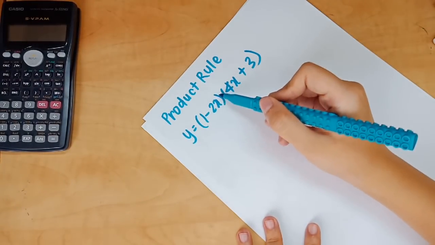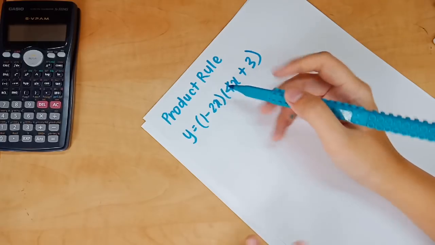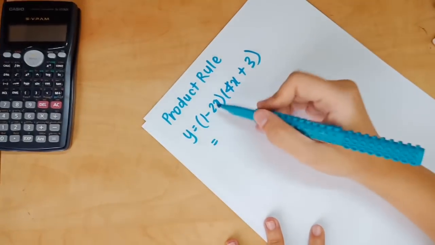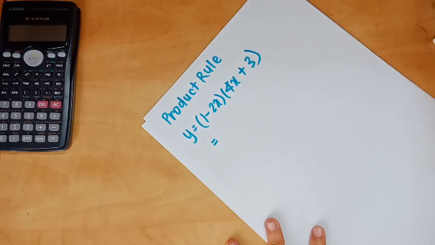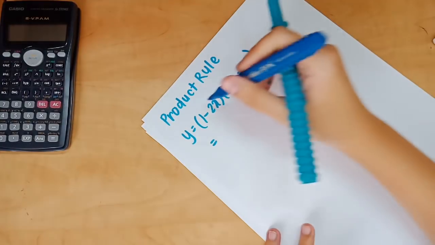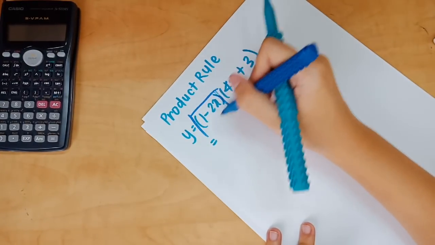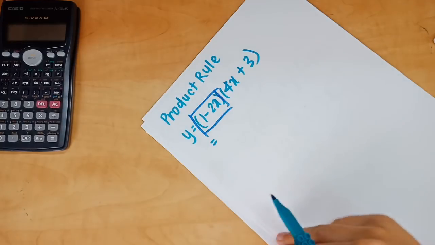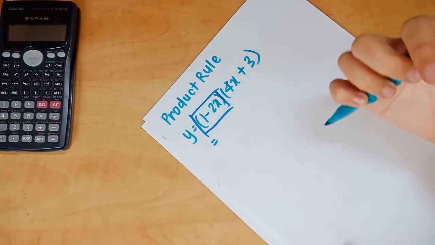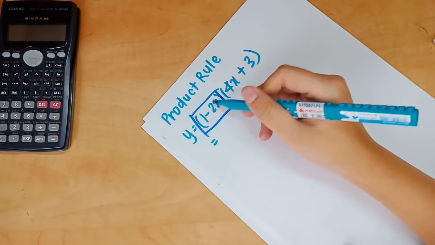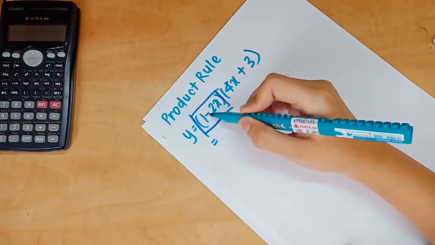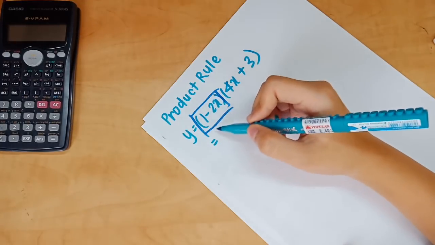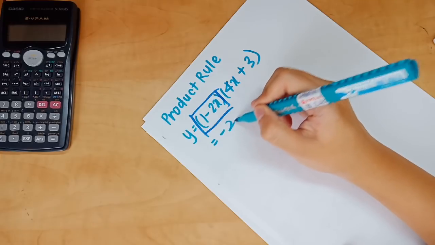So I always like to start with the one on the left. So we'll differentiate these first. When you differentiate these, it becomes negative 2. Because the number you can ignore and it becomes 0. So this is negative 2.